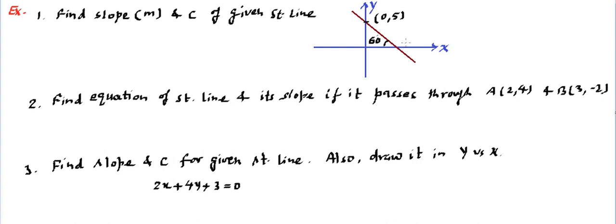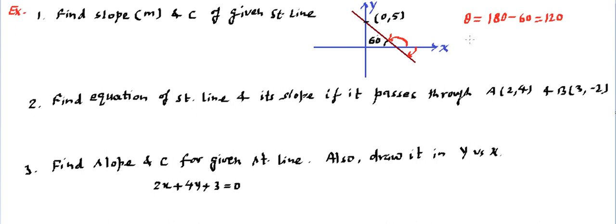In order to find the slope, we need to measure the angle from the positive x direction in the anticlockwise sense. So that's going to be theta. Or we can measure in the opposite sense and say this is minus theta. So this is the value of theta. That means here theta can be taken as 180 minus 60, which is going to be 120.